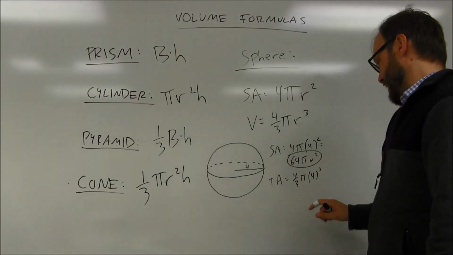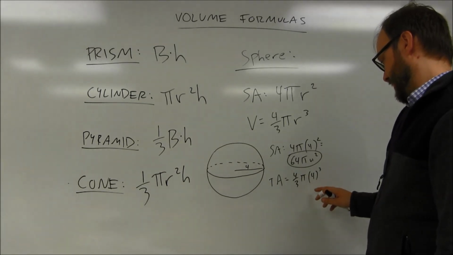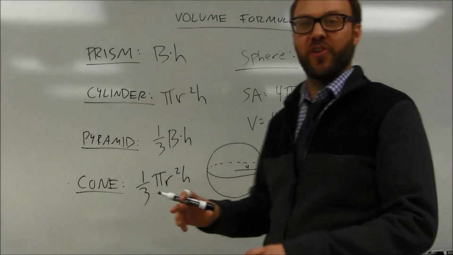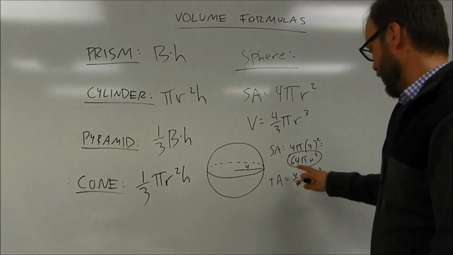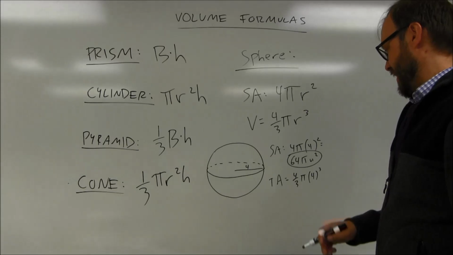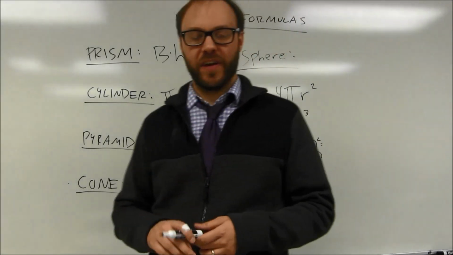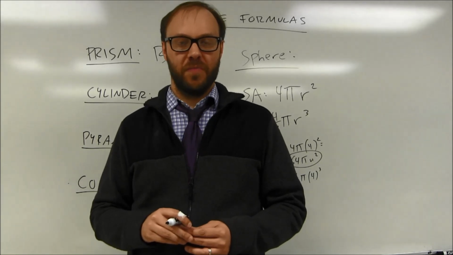And in this particular case, I can't do that off the top of my head. You could work that out. Okay, it'd be whatever 4 to the 3rd power is, times 4 divided by 3, times pi. So anyway, that's how that would work if you're trying to find surface area or volume of a sphere.